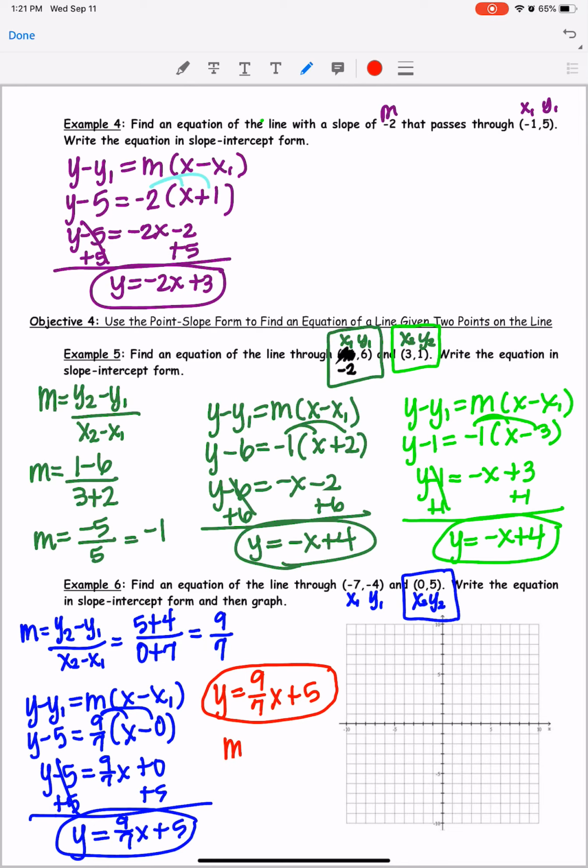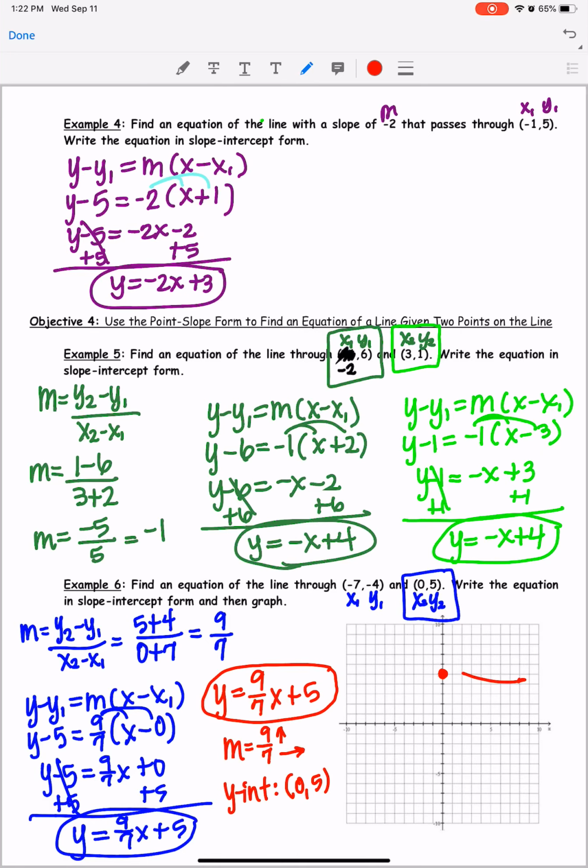So we know the slope is 9 over 7 and my y-intercept is 0, 5. So start on your y-axis at 5. Use your slope. Now with this one, I can't really go up 9. Rise over run means up 9, positive 7.